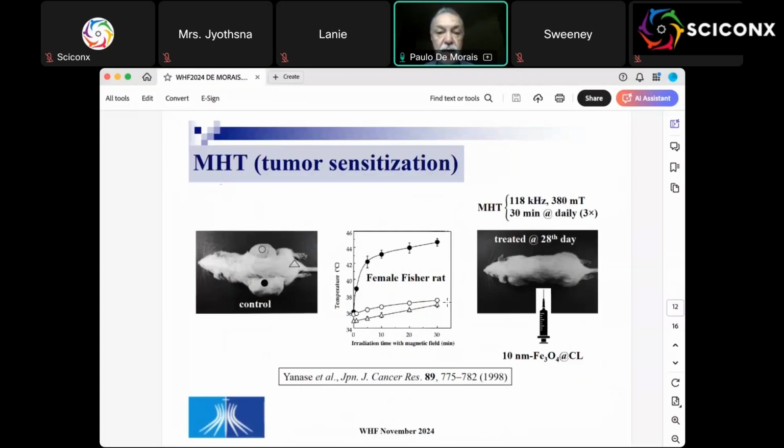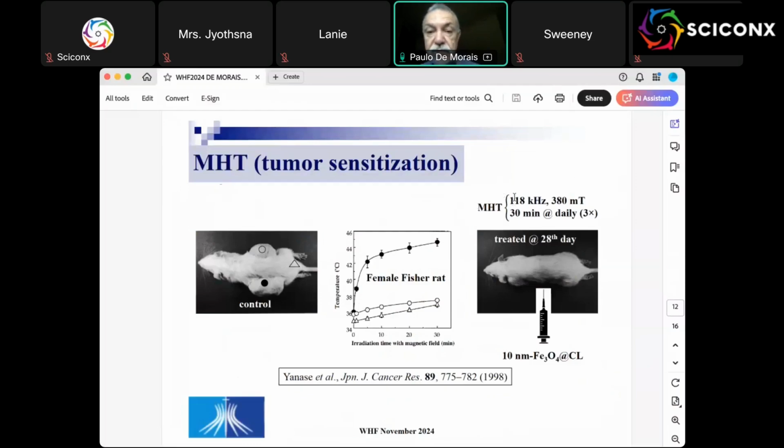And you can see in the plot how the temperature goes with the time of application of the AC field in minutes. They went up to 30 minutes, and you can see that the temperature in the tumor saturates, is asymptotic, around 45 C. So they performed the magnetic hyperthermia.